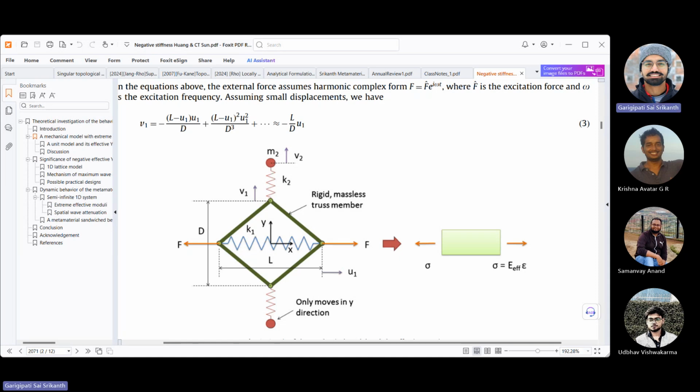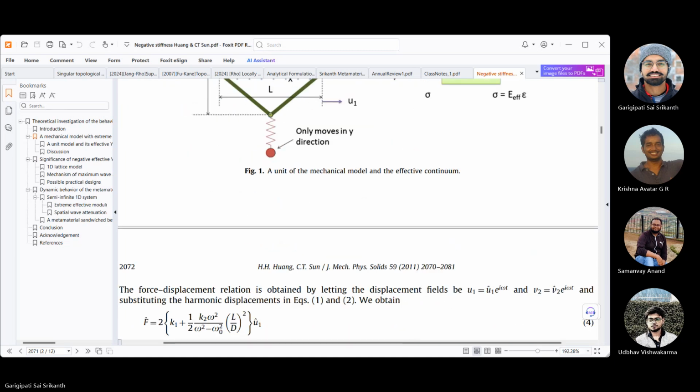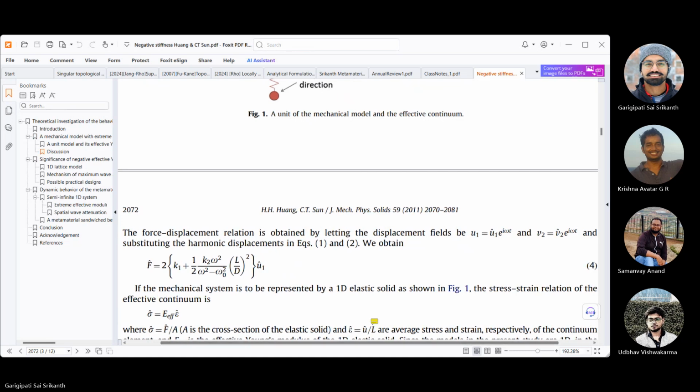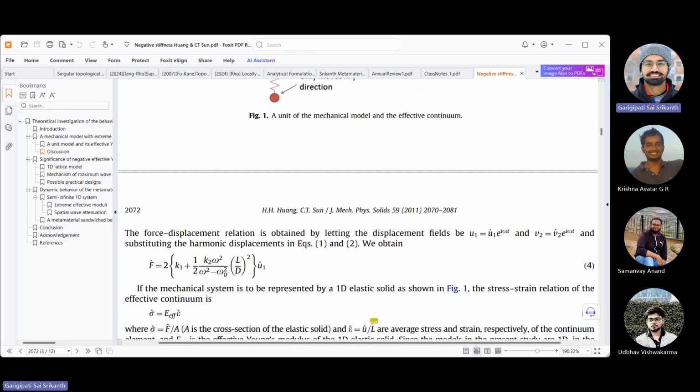So this can be simplified to the simplistic diagram on the right, where sigma is equal to E effective times strain.